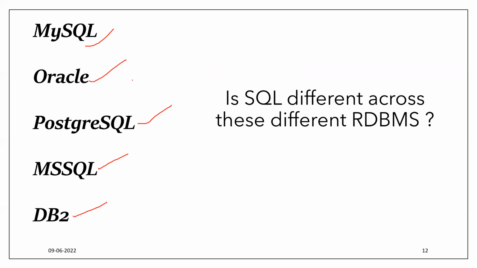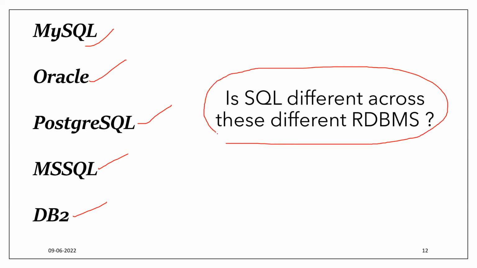You may have a doubt whether SQL is different across all RDBMS. No, functionality-wise everything is the same for any technology, whether PostgreSQL, MySQL, Oracle, MS SQL, or DB2. Everything is the same.